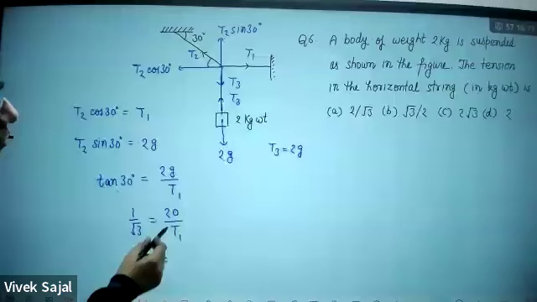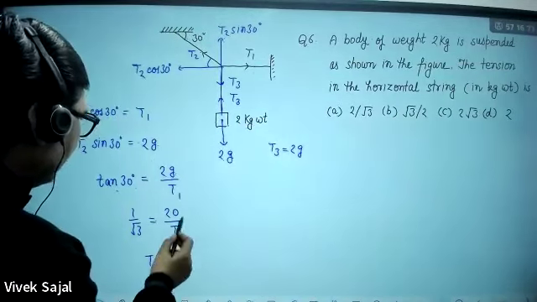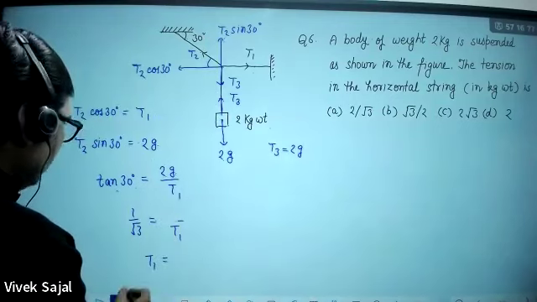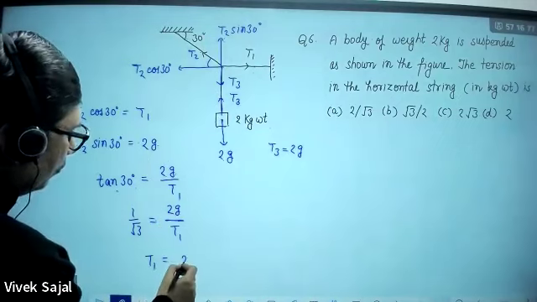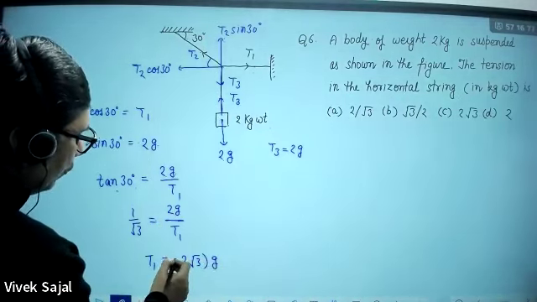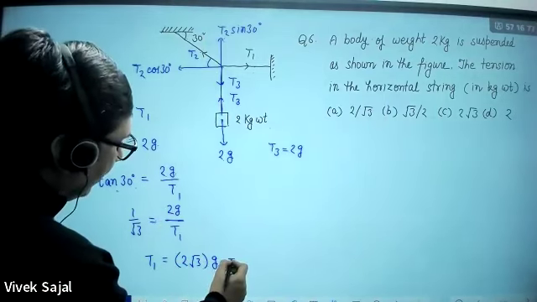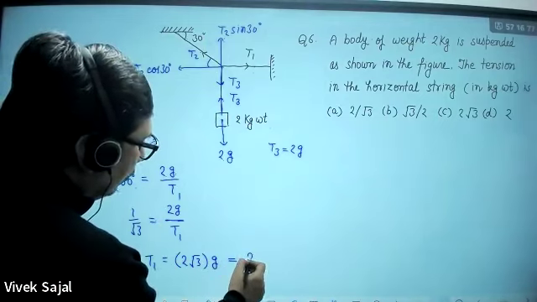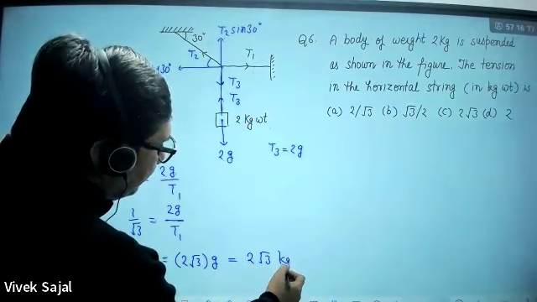Since they are saying kilogram weight, it is better to write just 2g. So T1 will be 2 root 3 into g Newton, and I can write it as 2 root 3 kilogram weight.